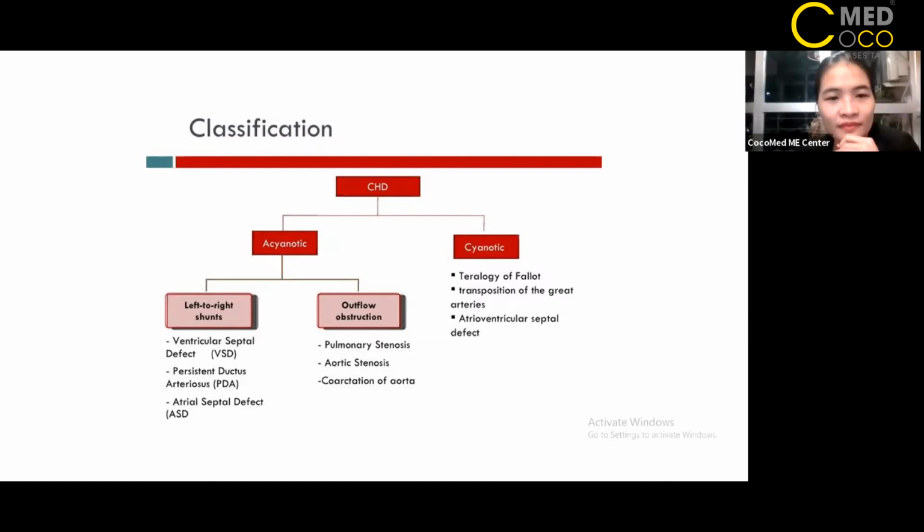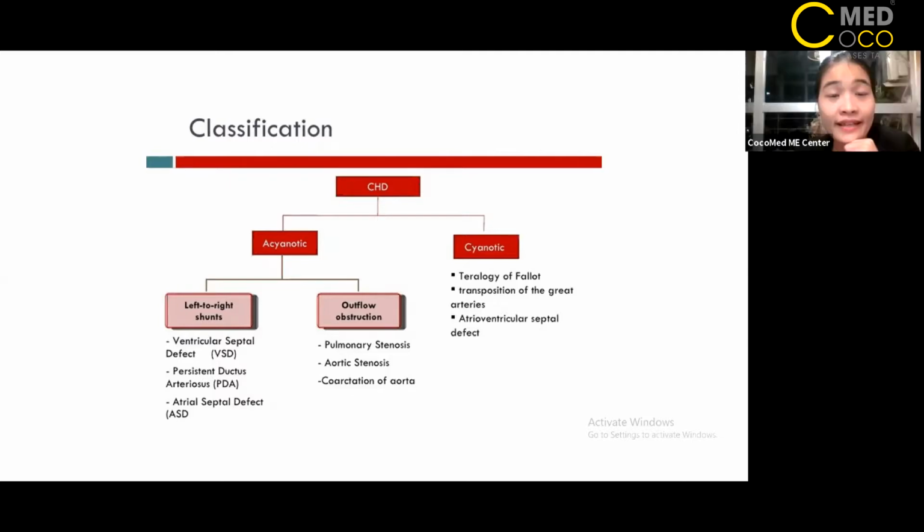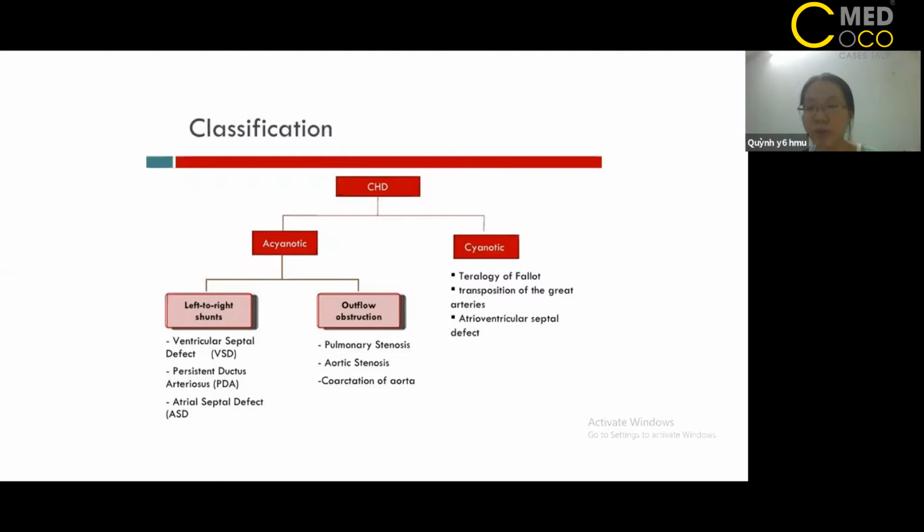On the other side, cyanotic means the blood flows from the right to the left, so that the patient will have symptoms such as paleness and cyanotic outbursts.